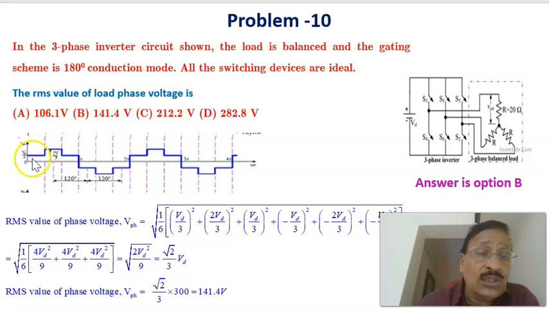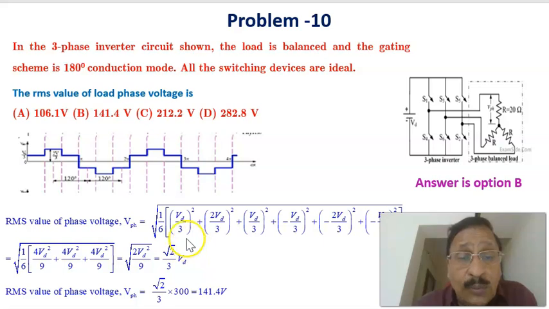And the question is, what is the RMS value of this? To find the root mean square value, each stage has a voltage, marked here as VD. It is VD by 3 whole square plus 2VD by 3 whole square plus VD by 3 whole square, plus minus VD by 3 whole square, minus 2VD by 3 whole square, then minus VD by 3 whole square.